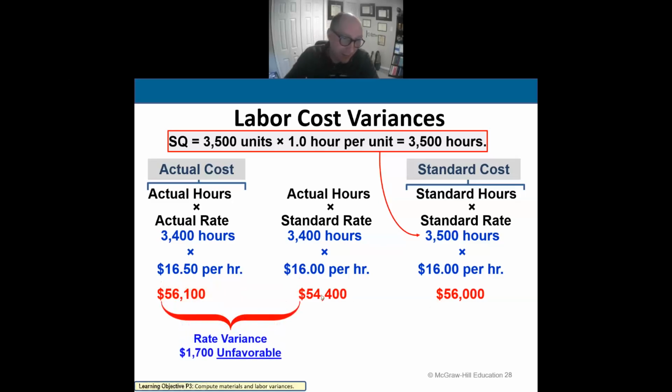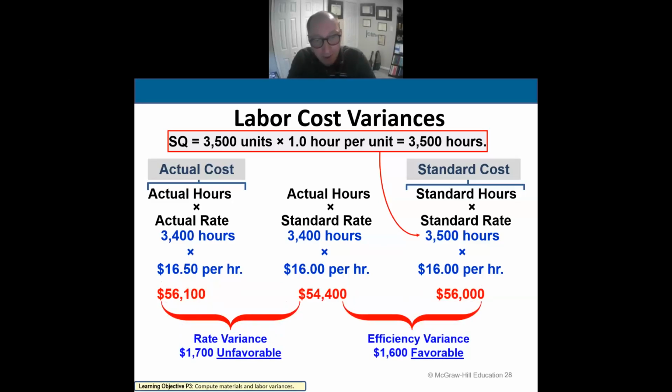So let's take a look. The rate variance was $1,700 unfavorable. The efficiency variance was $1,600 favorable. The reason the efficiency variance is favorable is because the standard was greater than the actual. 56,000 minus 54,400 is 1,600 favorable.